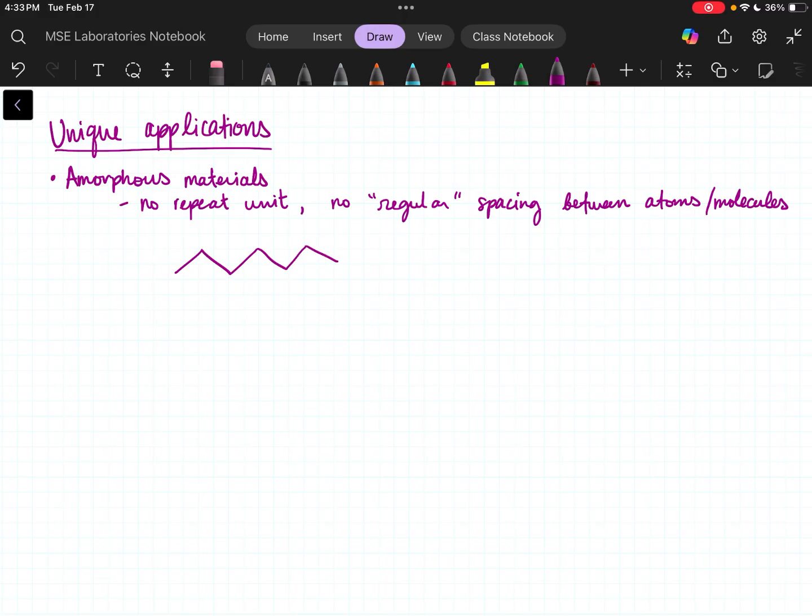This is very typically going to be a polymer or something organic. I mean, you've probably drawn an organic molecule where I've got the zigzags here. I do have a bond length.